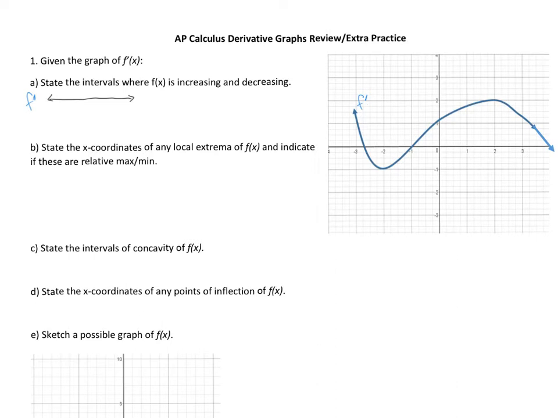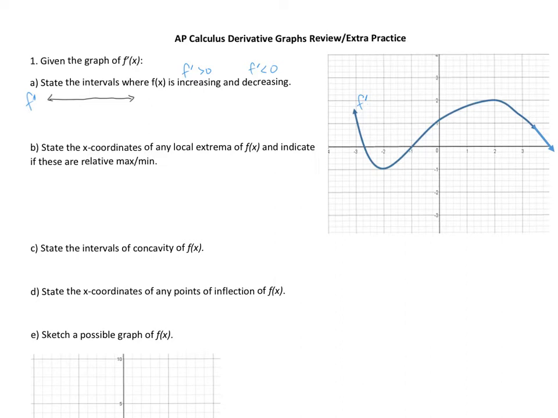Because for increasing and decreasing, we want to know when f prime of x is greater than 0 for increasing and when f prime of x is less than 0. In other words, we want to know when the slopes of the tangents are positive and when the slopes of the tangents are negative. So this basically is the graph of the slopes of the tangents, f prime.